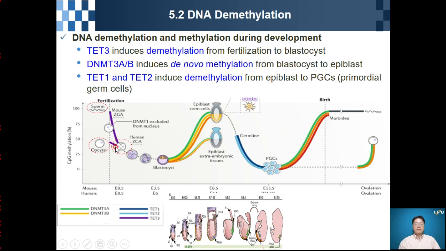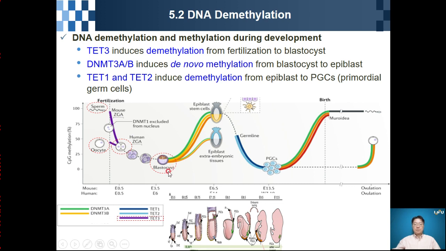After that, the zygote will become a blastocyst. In these cases, TET3 is working. So TET3 induces demethylation from fertilization to blastocyst stages. So demethylation happens.